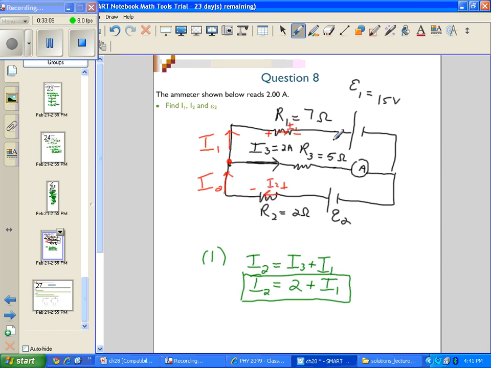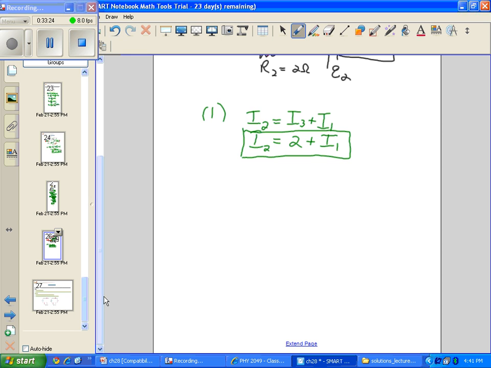My way will be to traverse the top loop clockwise, starting with the battery, and the bottom loop counterclockwise, starting with the battery. Well, let's go ahead and write down our loop rules, our potential rises and our potential drops.